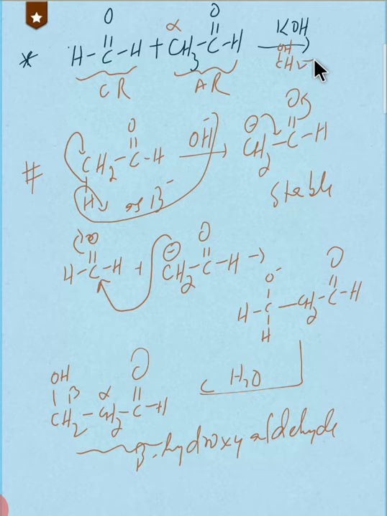To this CH2 is attached and a CHO. This will be our major product, which is the aldol product. In this case, we can form the Cannizzaro product also. We can form another simple aldol product also, but this aldol product will be our major product. Okay.